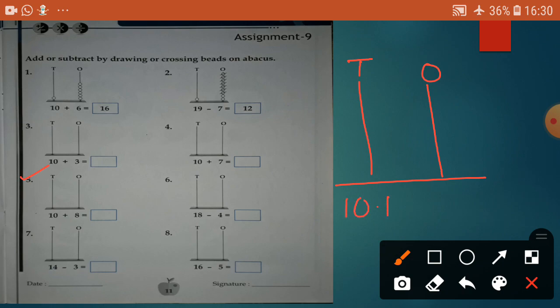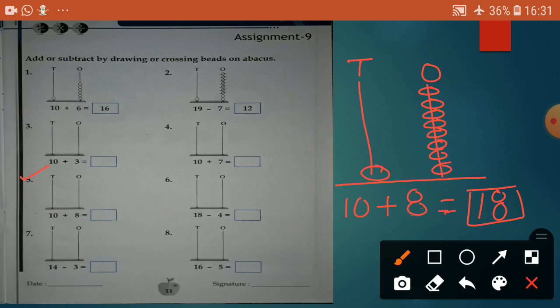Ten plus 8, so I draw the beads. 1 ten and 8 ones: 1, 2, 3, 4, 5, 6, 7, 8. So the total is 18. Write here 18.